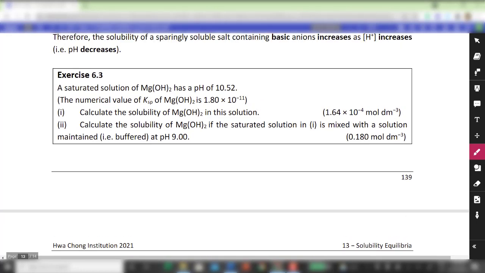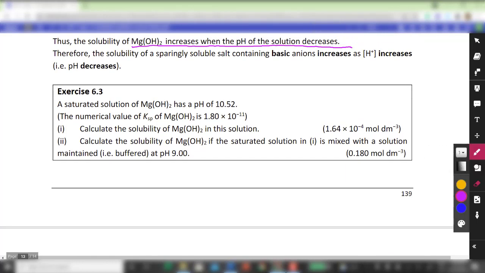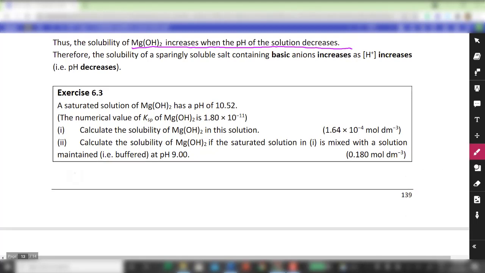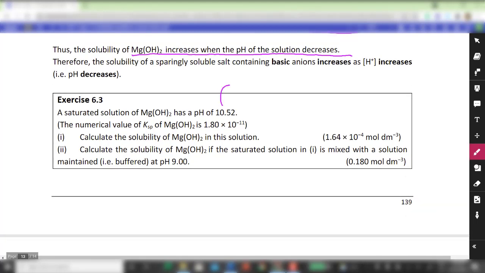So you are given the pH of a saturated solution of magnesium hydroxide to be 10.52. If you wish to, you can easily do a conversion. If the pH is 10.52, you know that pH plus pOH equals 14.